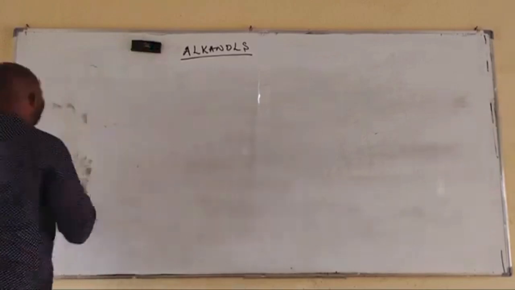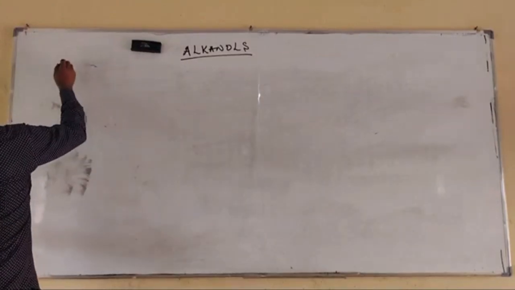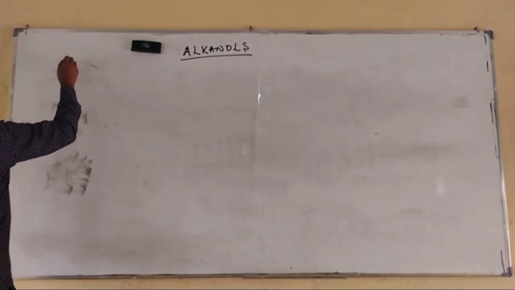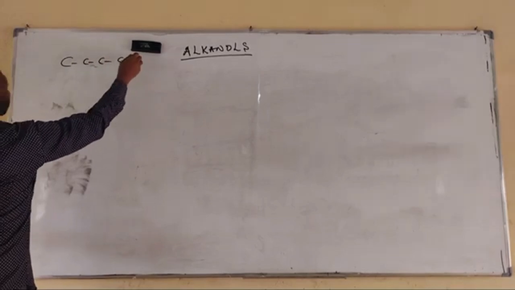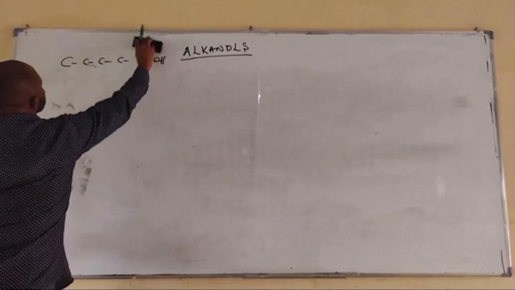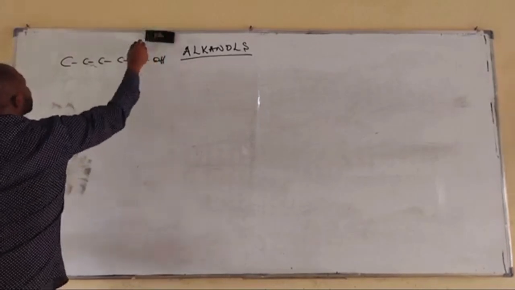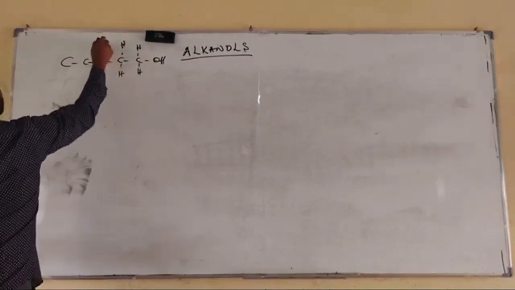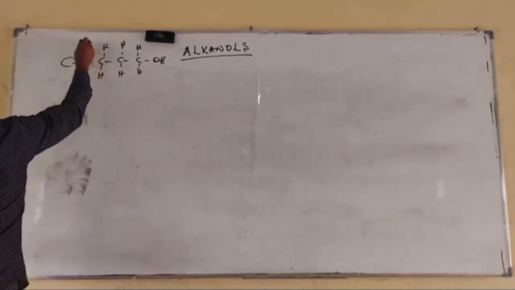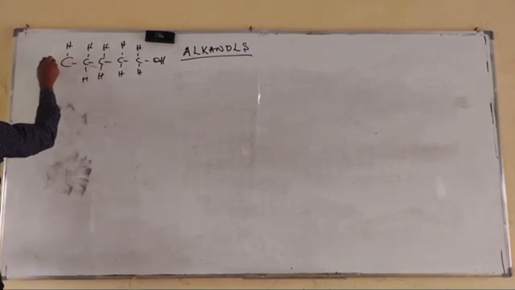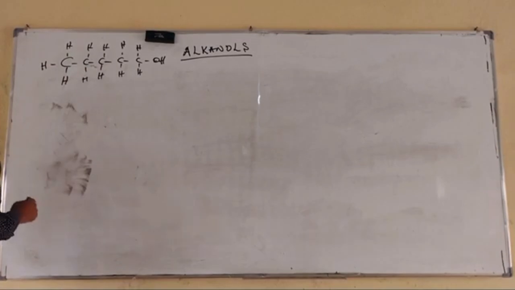Okay, pentanol is C2, 3, 4, 5. 1, 2, 3, 4, 5. This is our OH. Hydrogen, hydrogen, hydrogen. So first, this is our pentanol.